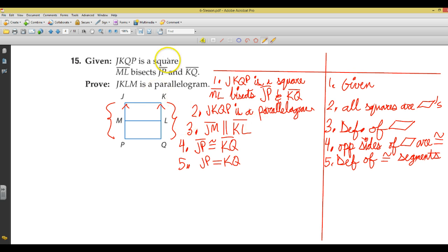By the definition of bisects, we know that JM is equal to MP and KL is equal to LQ because ML bisects JP and KQ, so it splits it into two congruent parts.